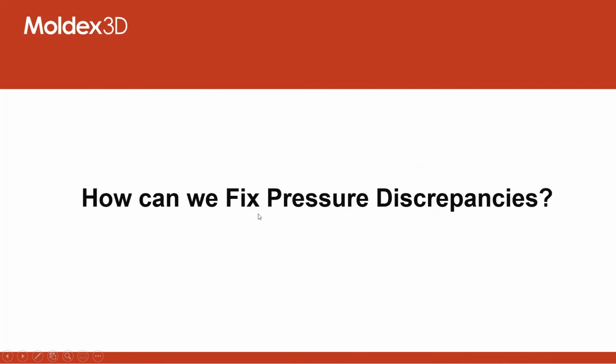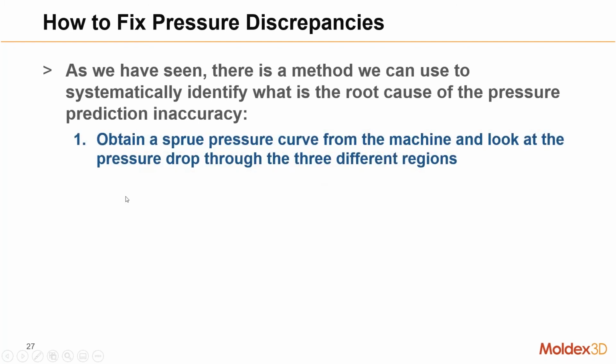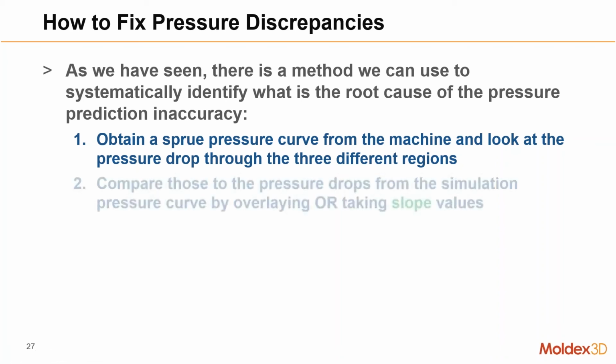All right. How can we fix sprue pressure discrepancies? So we have a systematic method to identify what the root causes of sprue pressure discrepancy would be. The first one is to obtain a sprue pressure curve. This is a very important step. Making sure that you have a sprue pressure curve on hand from your machine is extremely important.